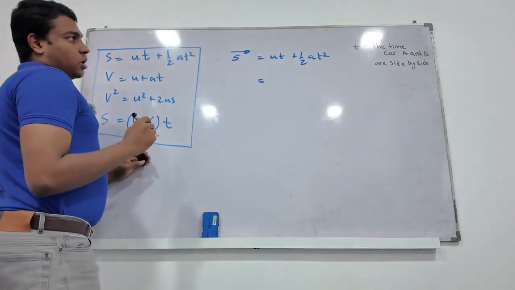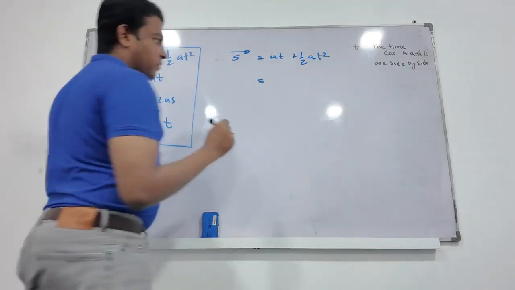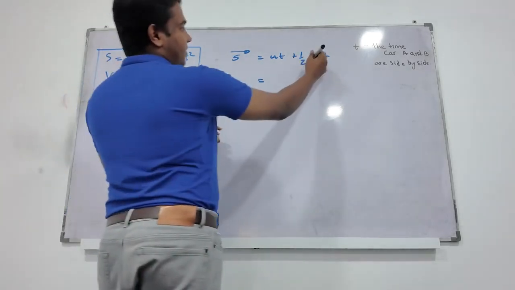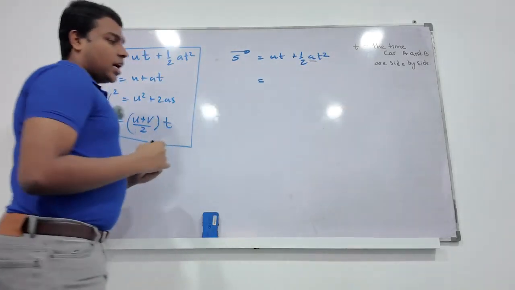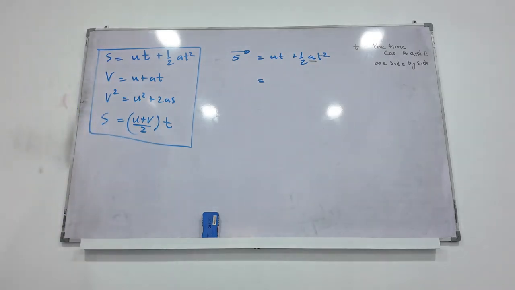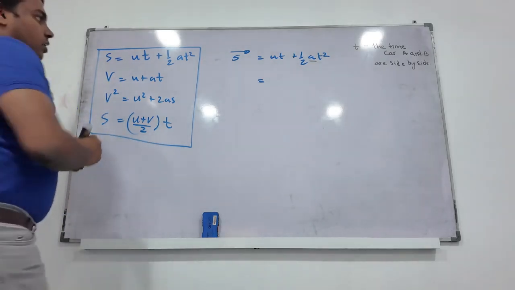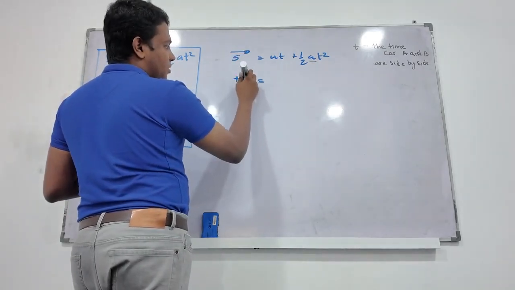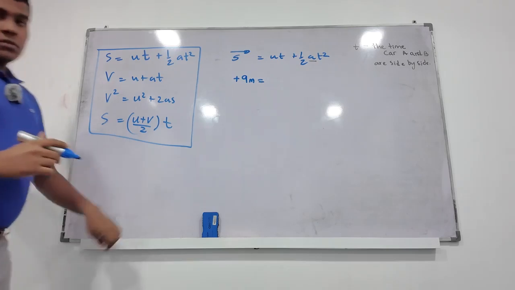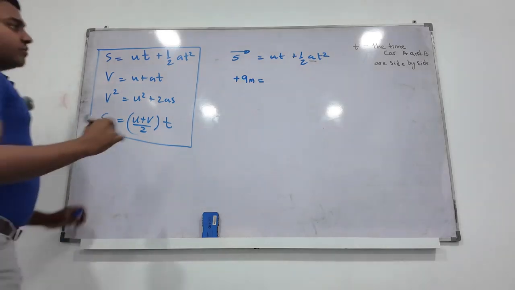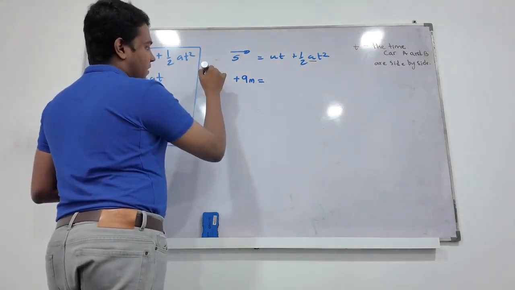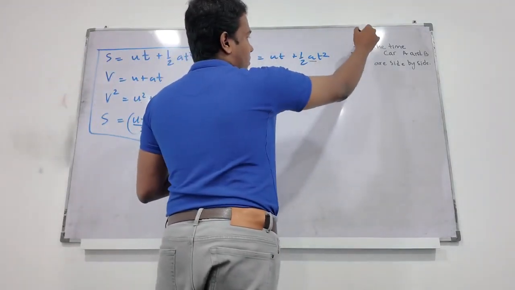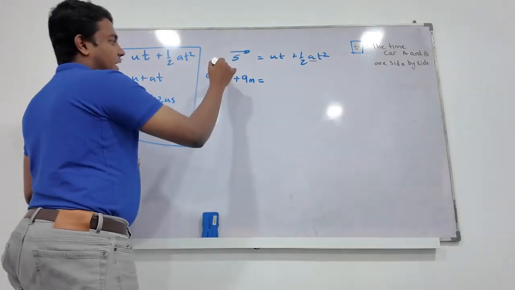So I am going to think of myself as car B. Why am I choosing car B? Does car A have an acceleration? No, right? Only car B has an acceleration. That is the car that we have to choose. Car B is 9 meters behind car A. At that instant, we know it is moving with the velocity 93 meters per second, which it will move in a time t.